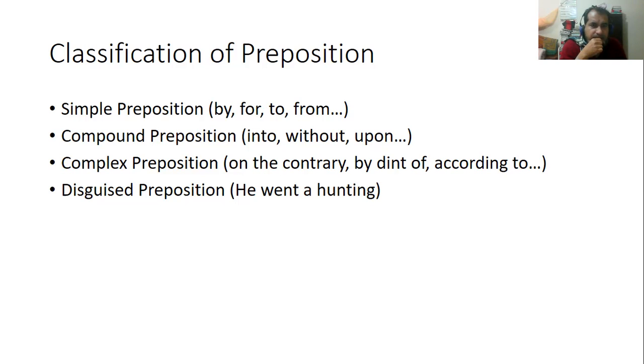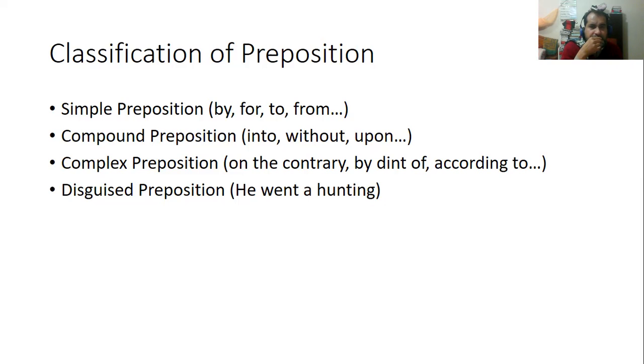The last one is the disguised preposition. In such prepositions, the preposition remains in disguise. He went a hunting. In this case, we can use on instead of a. So here the preposition on remains disguised. That's why here we find the use of disguised preposition.